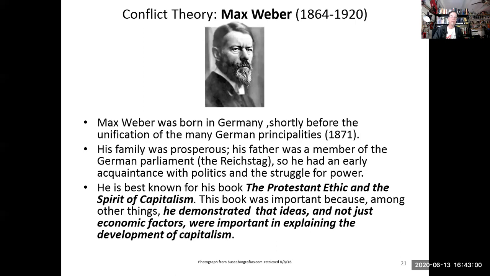in the development of capitalism. So he started from the observation that most of the wealthiest business leaders and the leaders of the largest corporations in Europe were Protestants, whereas before the 16th century, everyone in Europe was a Roman Catholic.